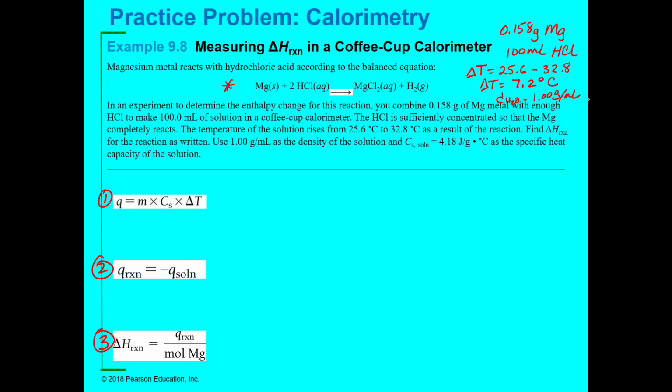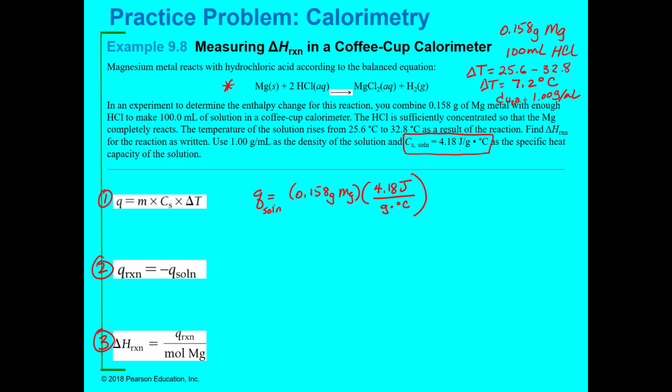All right, so the Q of the solution is equal to the mass, which in this case was 0.158 grams of magnesium, times C sub S. It told us the C sub S is 4.18 joules per gram times degrees C. Sometimes it's 4.184 joules over gram times degrees C, and that's your constant.